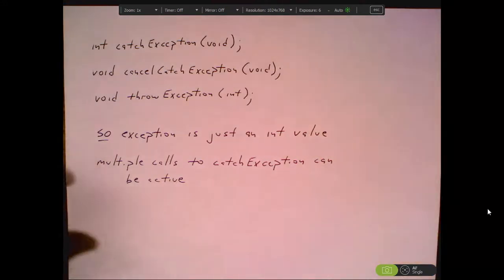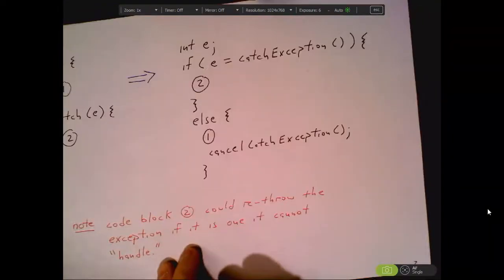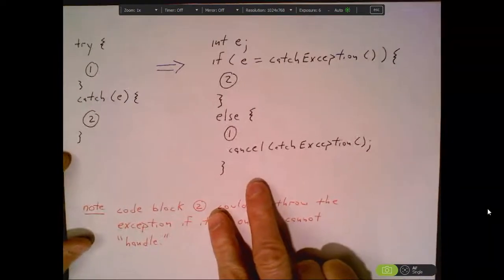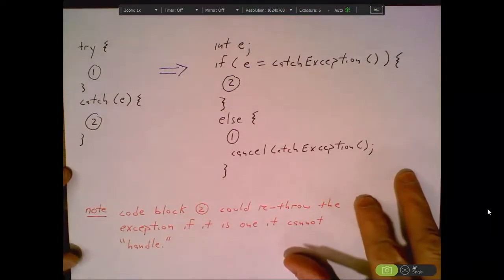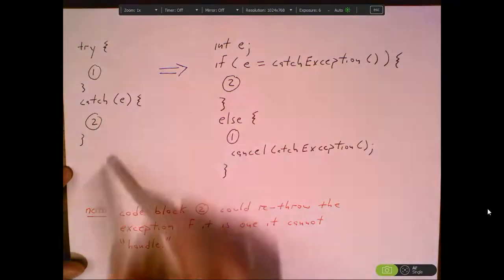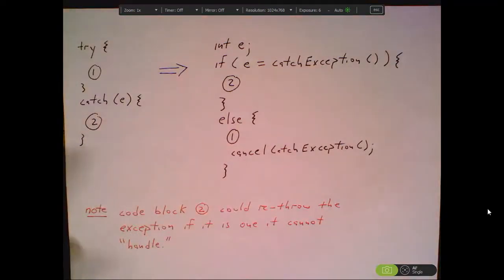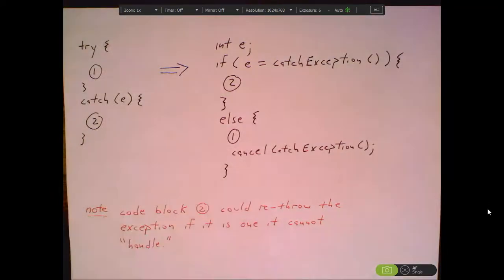Let's take a look at how to map this to an exception mechanism in a language like Java. We think about having some syntax, which we don't have in our world right now. We're just using regular C. But you can imagine having a try catch statement, where we put the try around a block of code that we're worried about an exception occurring in.